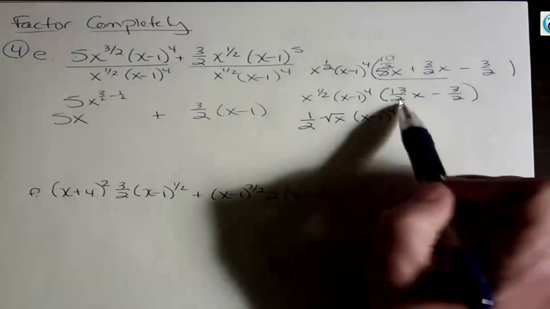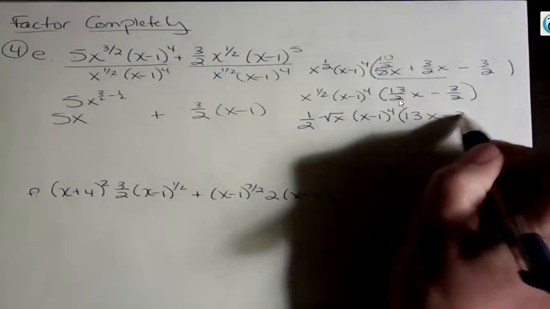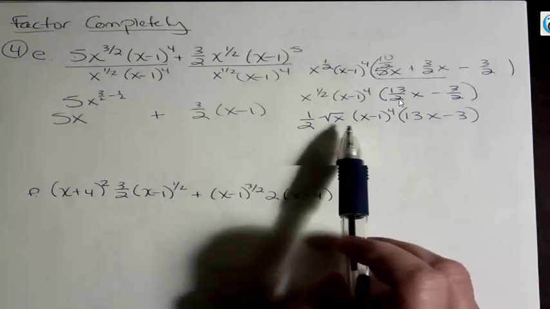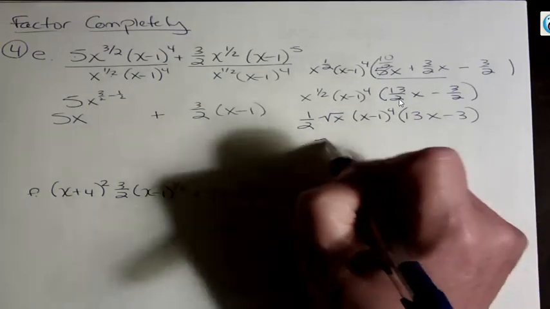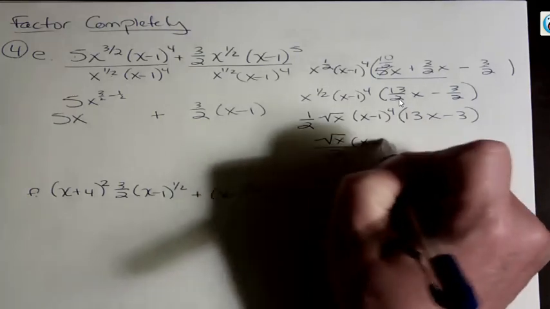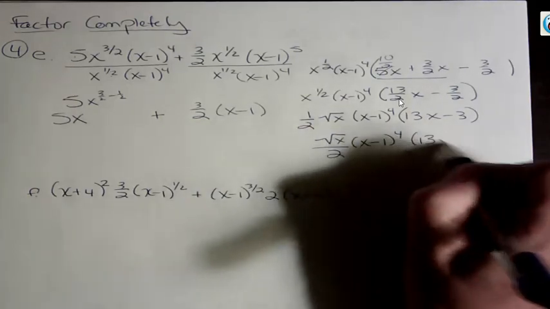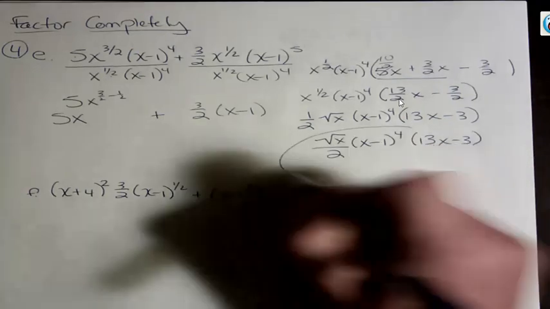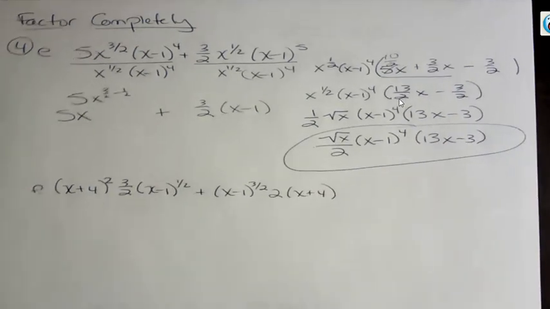If I take out the 1/2, I'm left with 13x minus 3. Now, this is how I might write this, or you might see it as the square root of x over 2 times x minus 1 to the 4th times 13x minus 3. I think these are pretty much the same, but that's the idea right there.